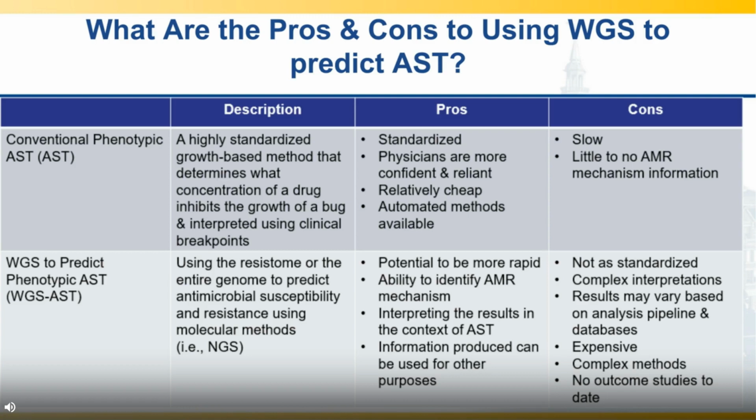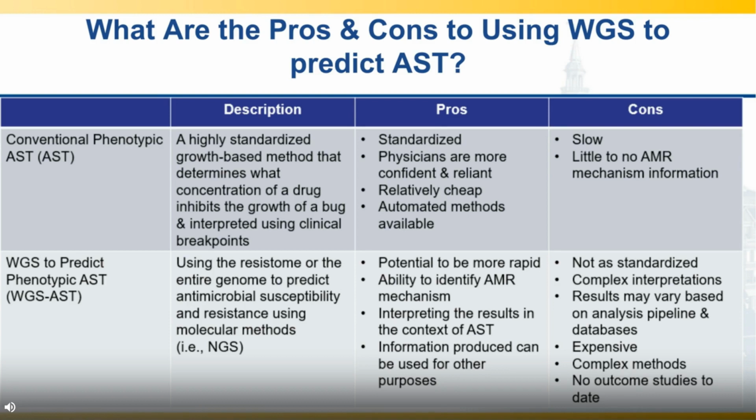It also has the ability to identify antimicrobial resistance, and we can interpret those results in the context of the phenotypic AST as susceptible or resistant, so that the clinicians are used to the results that we might be generating using this novel method.